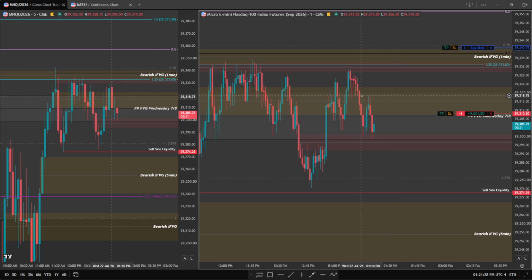Not leaving any bearish inefficiencies open. Fill that one in. It would be really amazing if we left this one open.